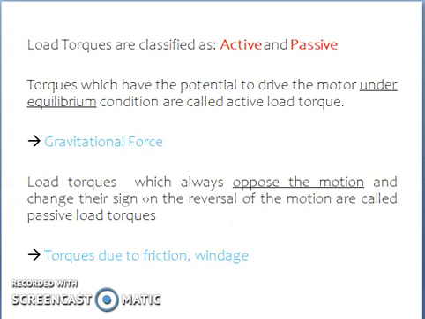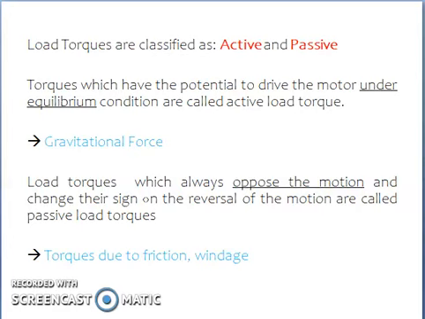The various load torques can be broadly classified into two categories: active load and passive load. Load torques which have the potential to drive the motor under equilibrium condition are called active load torques.